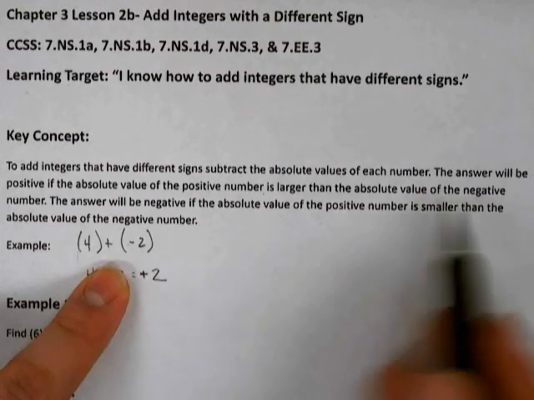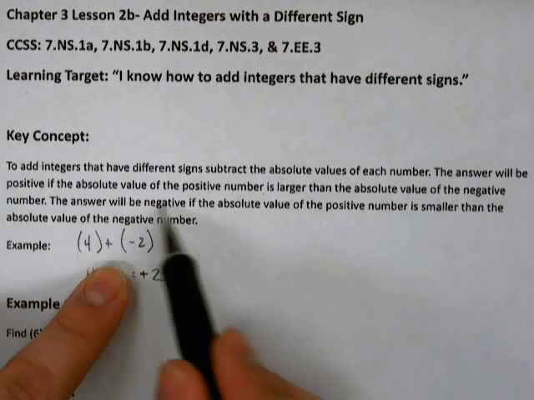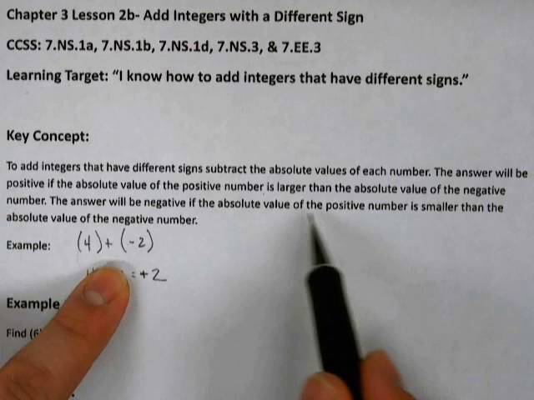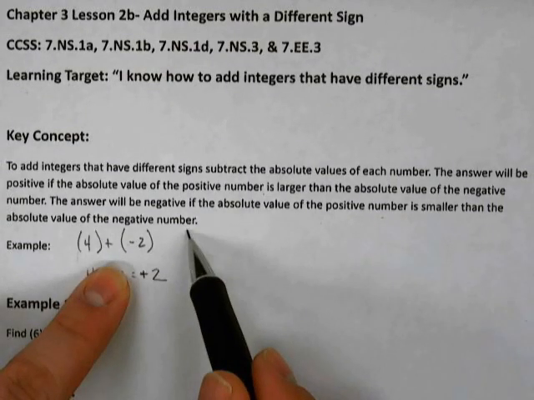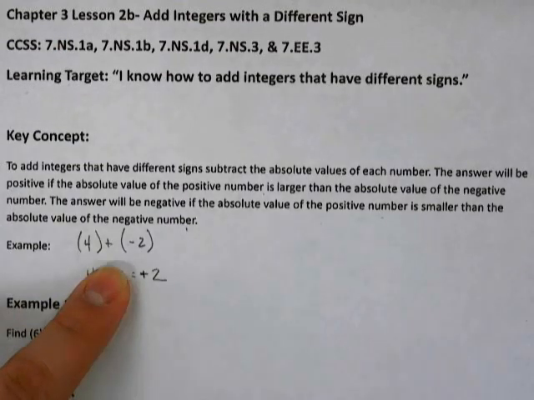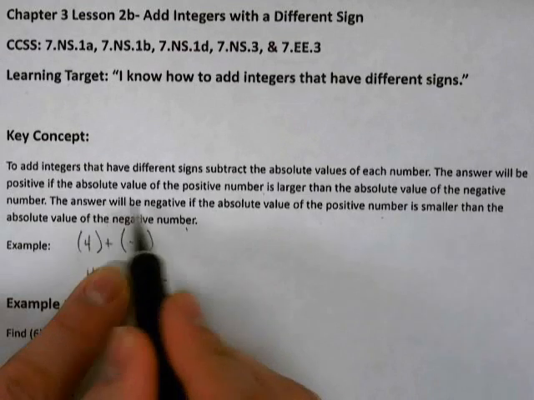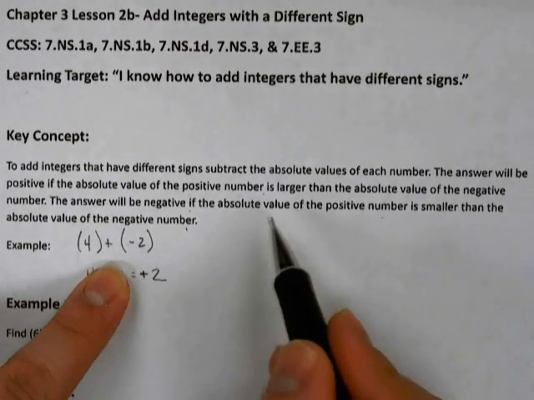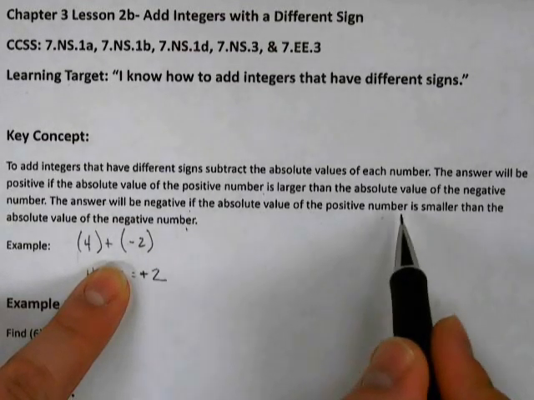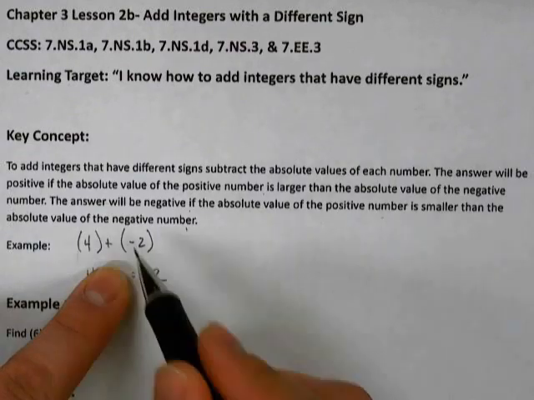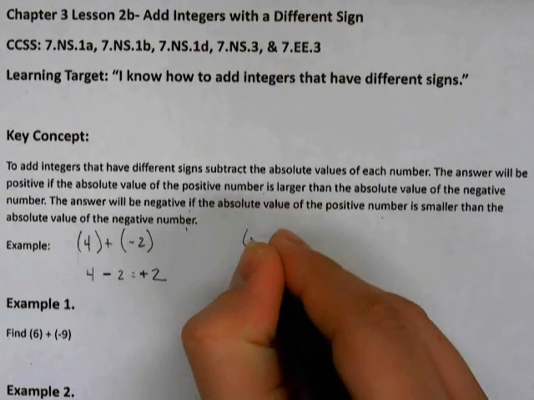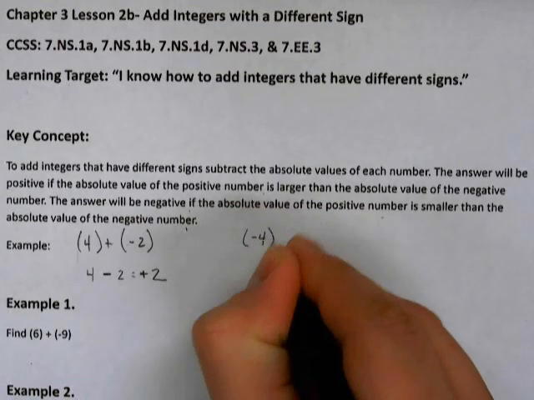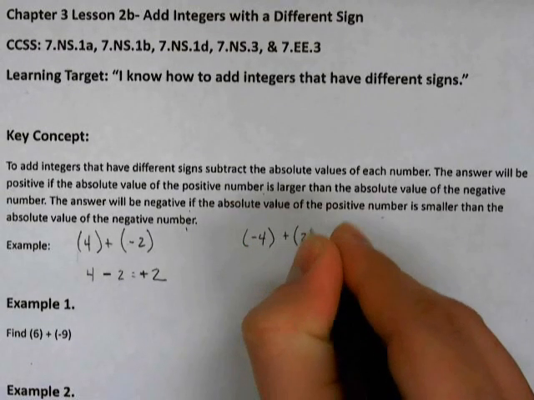Okay. Now, if we continue on here, it says the answer will be negative if the absolute value of the positive number is smaller than the absolute value of the negative number. Let's read this again real quick so we understand what this is really saying. So what that looks like using the same numbers is negative 4 plus a positive 2.